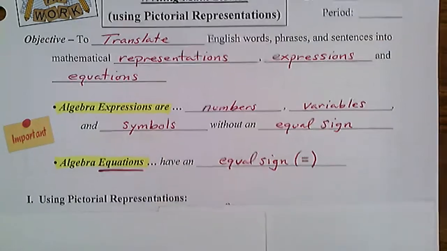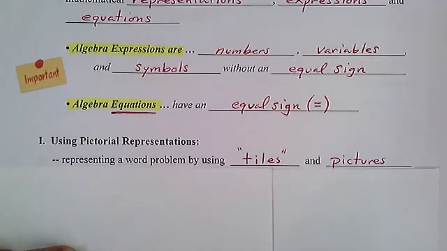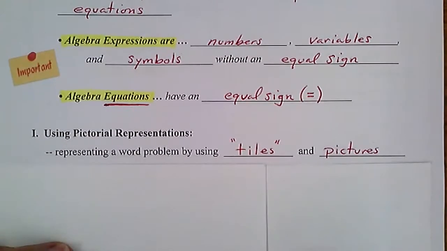Okay, so when we talk about using pictorial representations, what I'm talking about is you're going to take a word problem, and we want to represent the word problem by using what I call tiles and pictures. So sometimes you've seen me draw pictures, and other times you've seen me draw little boxes, little squares, and I call those tiles.